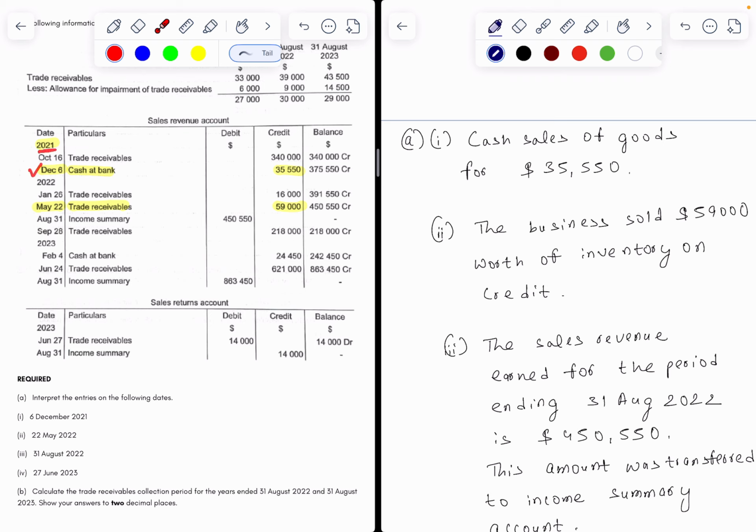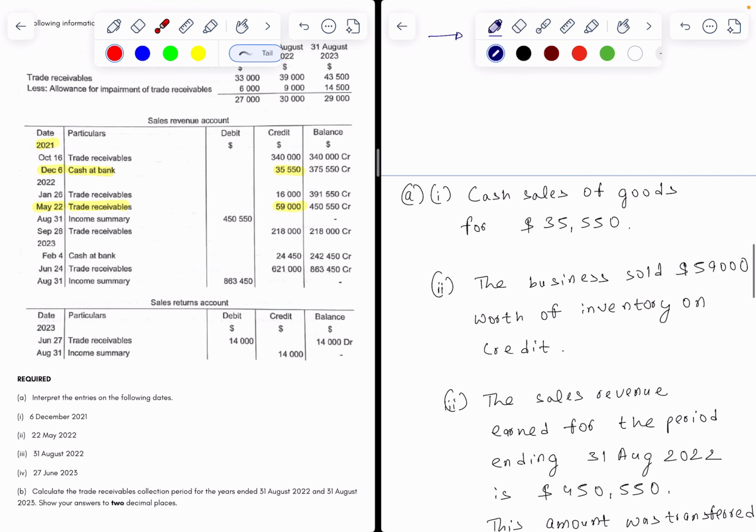So on the 6th of December 2021, within the sales revenue account, we have got funds coming in. That's $35,550. So how should we journalize this transaction on the 6th of December? We are debiting the cash at bank account by $35,550, and we are crediting the sales revenue account by $35,550.